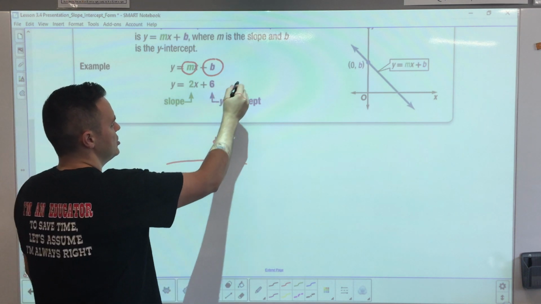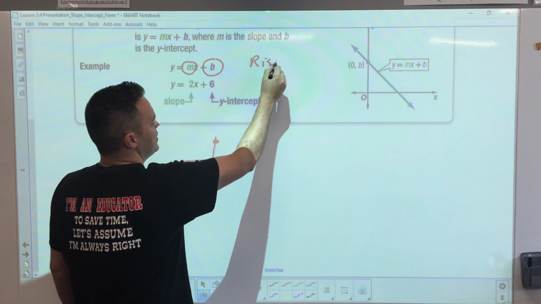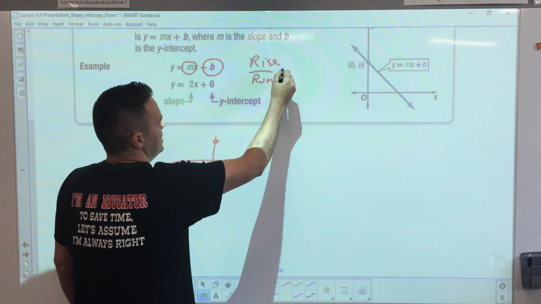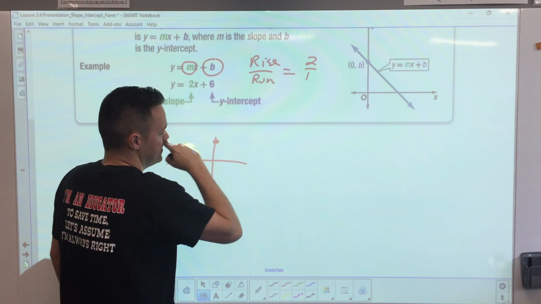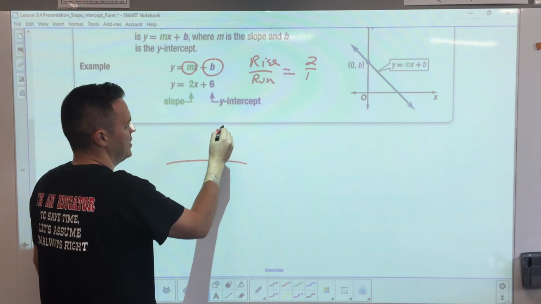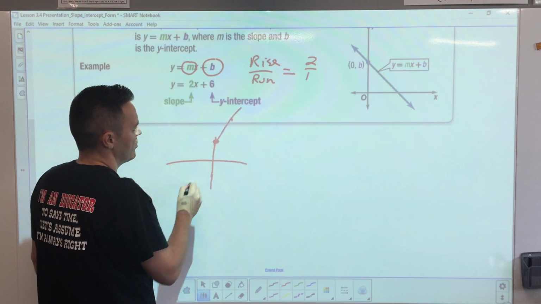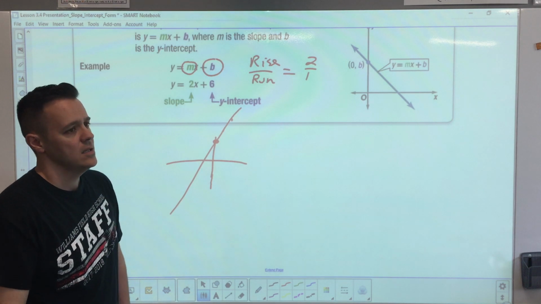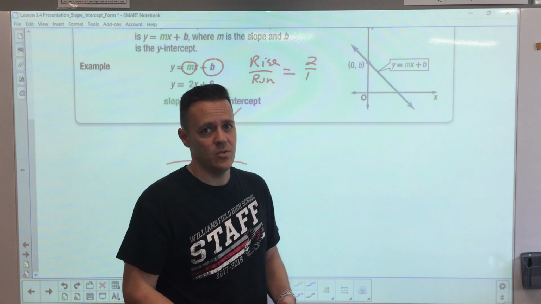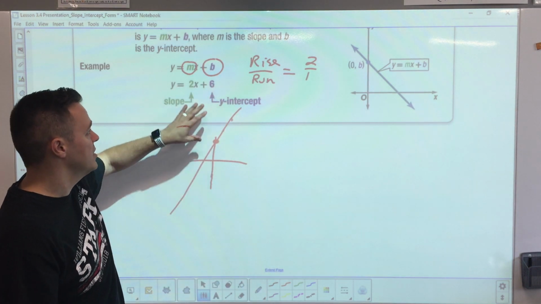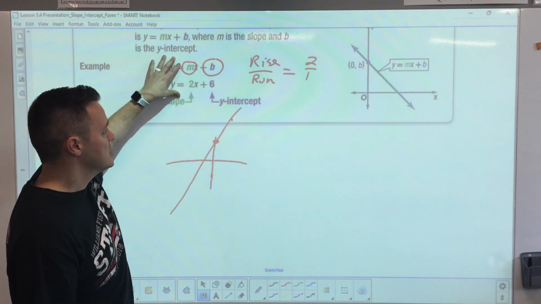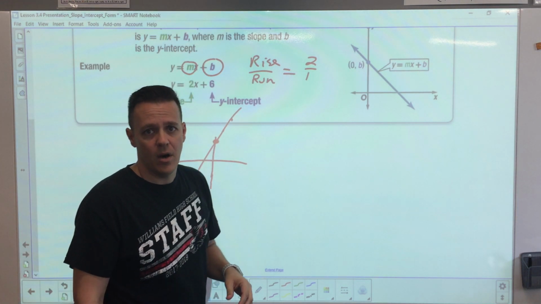My slope is 2. Remember, your slope is rise over run, and in this case it'd be 2 over 1. So I'm going to go up 2 over 1, up 2 over 1, and my graph would look something like this. This is what I want you to be able to do: not necessarily use a graphing calculator, but create the slope intercept form and graph it automatically.